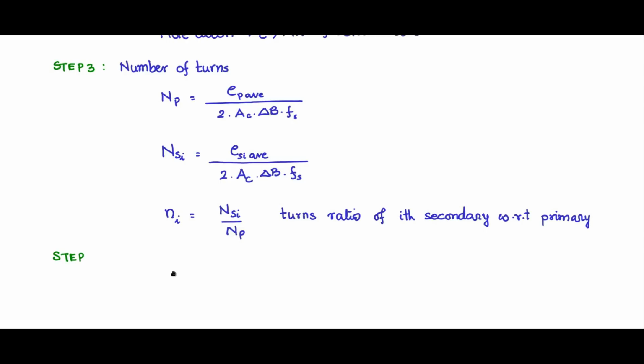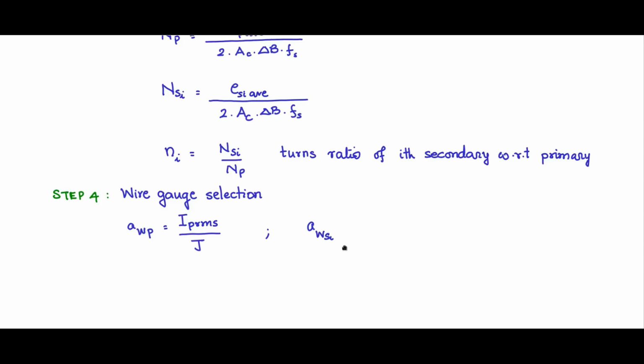Step 4. Next, we find the wire gauge. We have the turns ratio, we have the number of turns to wind, we have the core. We now need to choose the wire. What is the thickness of the wire? For wire gauge selection, like in the inductor, the cross-section area of the primary wire is given by IP RMS, the RMS current flowing through the primary, divided by J, the current density.